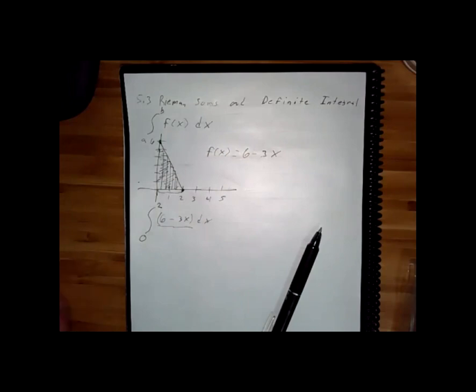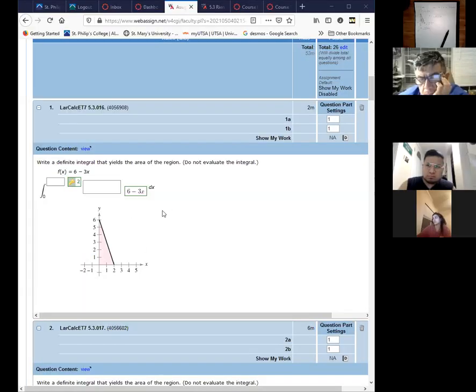Let me show you the question. You guys see this question? Yes. All right, so the f of x is the part that goes inside the integrand. So that'd be right here. You go from 0 to 2. The 2 is the bound. So they just wrote it kind of weird. So the blank spot is the 2 that we wrote. This spot right here is the function, which is 6 minus 3x.